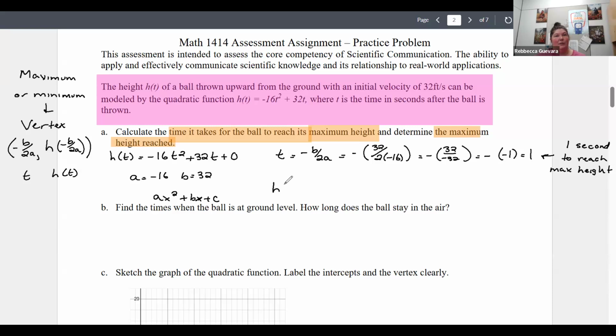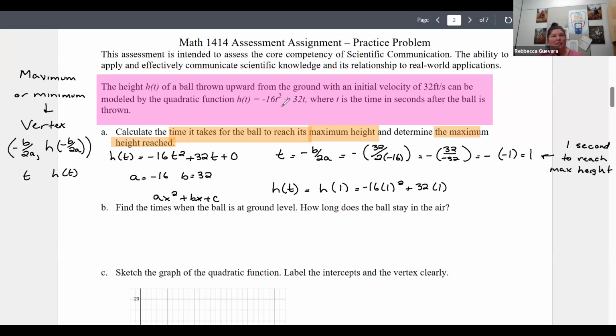Now, if we want the other part of it, we want the height, that's h of t. So we know what t is, so it's going to be h of 1. What is that maximum height at 1? Well, that's just going to be negative 16 times 1 squared plus 32 times 1, plus, oh, we don't need that plus 0. We're just looking at this form up here.